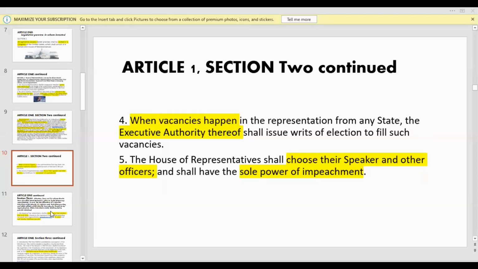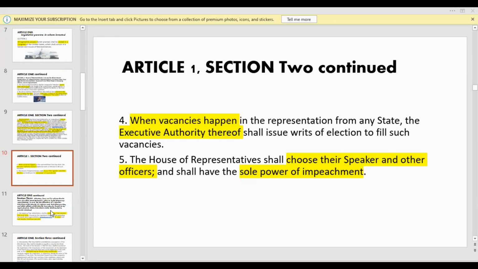So an Article I institution has the power of impeachment over an Article II officer or over an Article III officer. But there is no impeachment within the Congress, within the House of Representatives. There are other ways of dealing with problems within the two houses. So the House of Representatives has the sole power of impeachment.